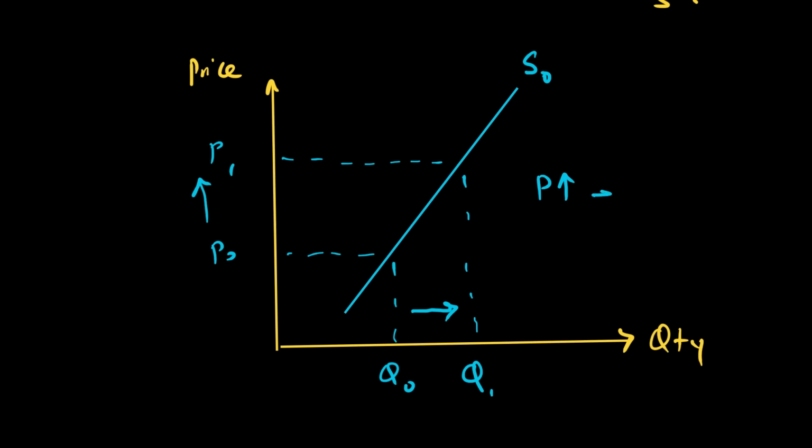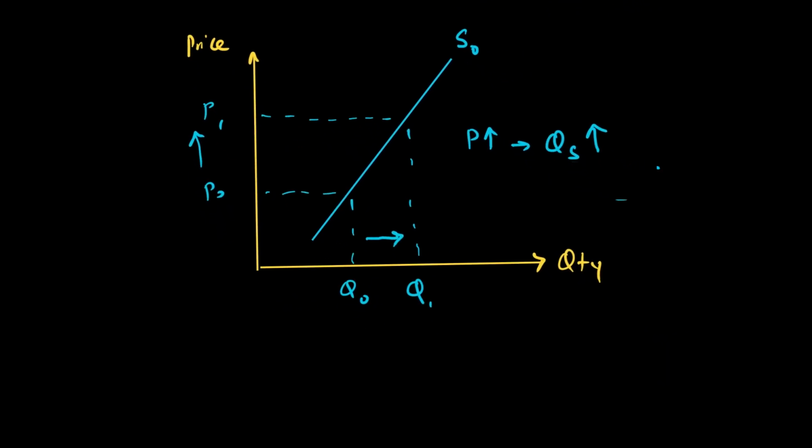Now, why am I saying quantity supplied goes up and not supply going up? It is again going back to the videos that we talked about for demand, that quantity supplied basically means quantity produced at a particular price. So, for example, at a price of $10, the firm might be producing 15 units, while at the price of $15, they might be producing, let's say, 20 units.